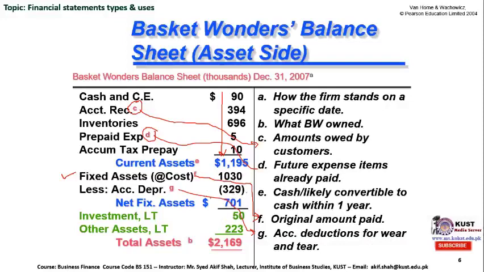Adjusting both fixed and less accumulated depreciation, we are left with $701,000 of net fixed asset.